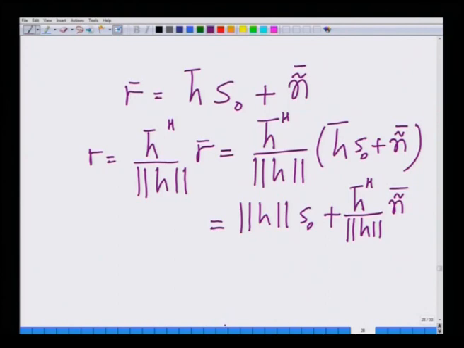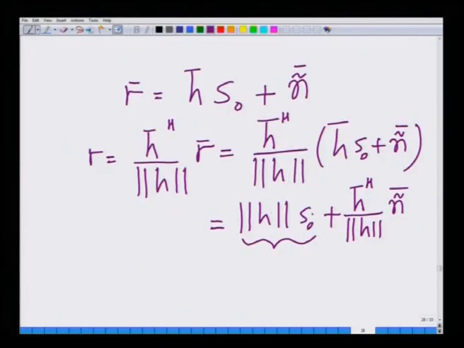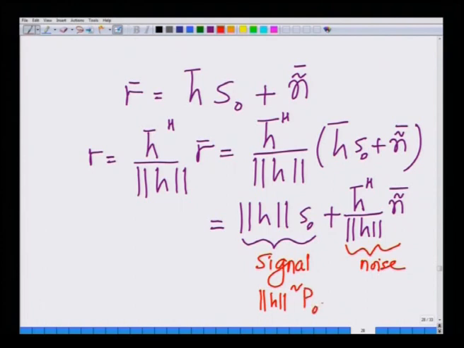We have seen this in the case of maximal ratio combining before. The signal power is nothing but norm H square times the power of the signal, which is P of 0, over the noise, which is of power sigma n square divided by n.